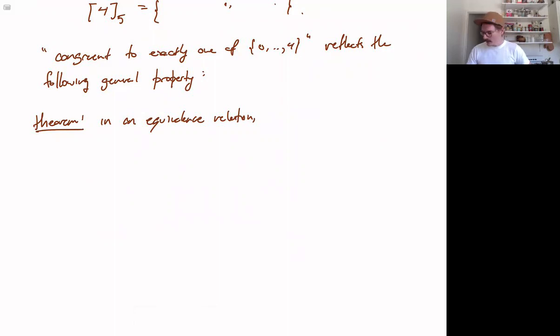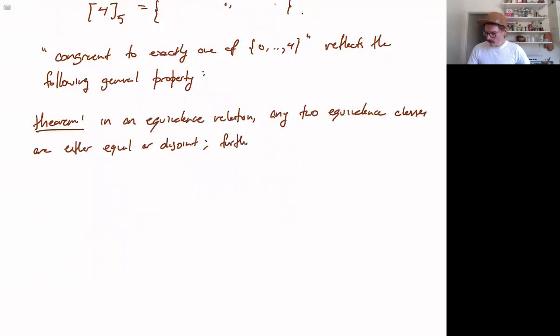So any two equivalence classes are either equal or disjoint. Furthermore, every element of the set is contained in exactly one equivalence class.